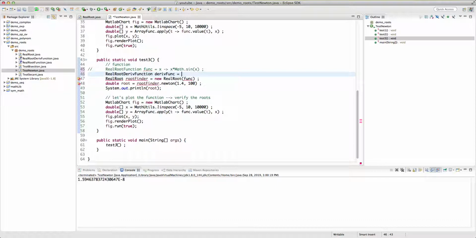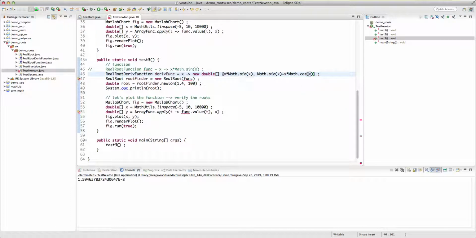Deriv func equals new, or maybe I can just say x goes to a new double array, x times math dot sine of x as the first element, which is the function, and the derivative is math dot sine of x plus x times math dot cosine of x.